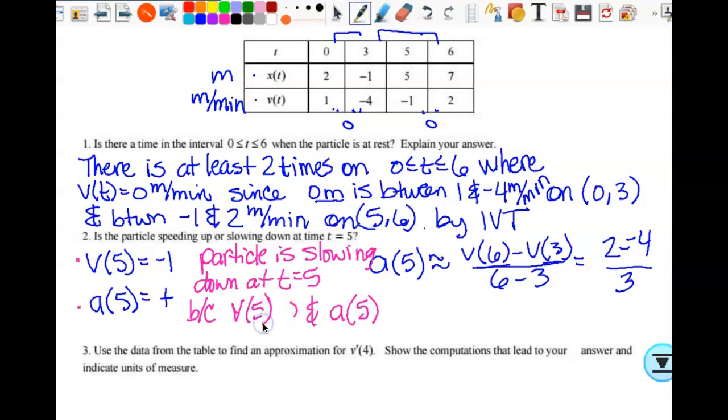It's less than 0, greater than 0. You could also just say that they have different signs.